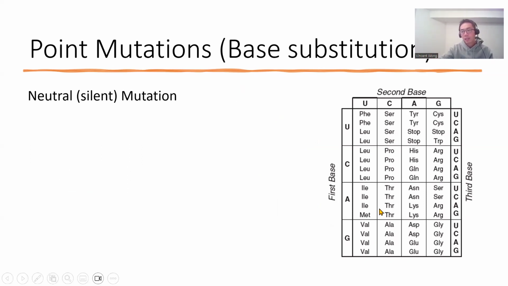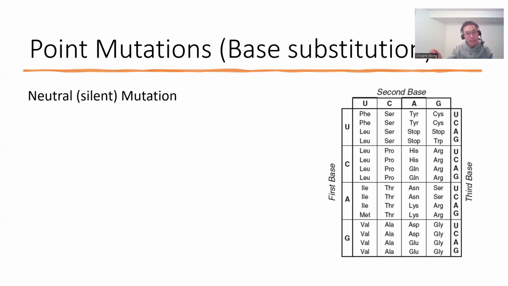I want to remind you that the mutation happens in the DNA. But when you change the DNA, the messenger RNA is going to be different as well, right? And to make it easier for you to understand, I'm just going to start by explaining in RNA form.